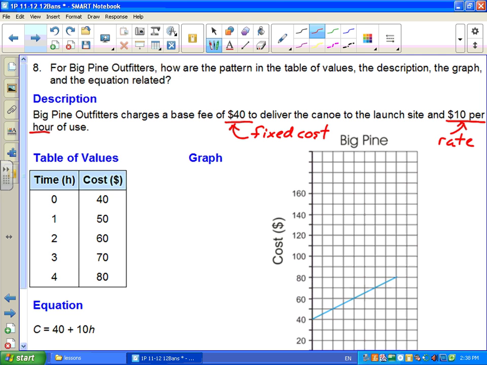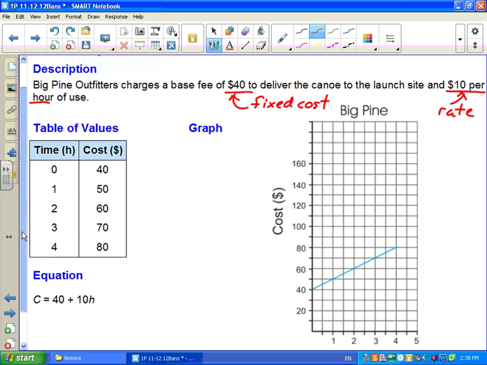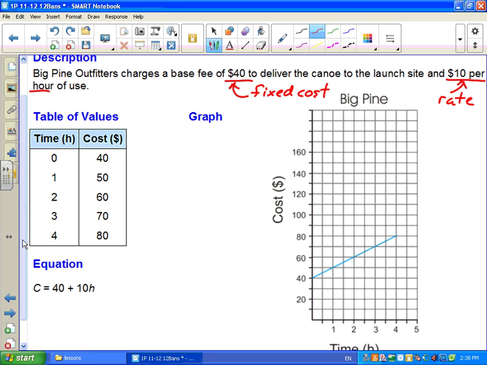How do those relate to what we see in the graph? Well, in our graph, it starts at $40. This is our, we can call this the y-intercept. So a y-intercept on the graph is the same as the fixed cost, or the fixed cost is the same as the y-intercept.